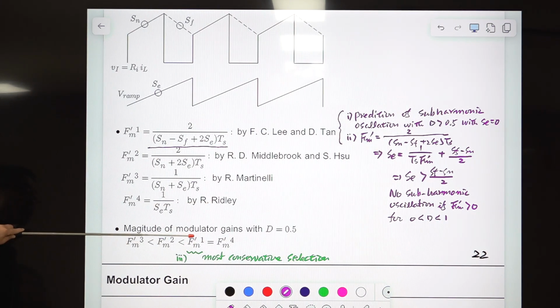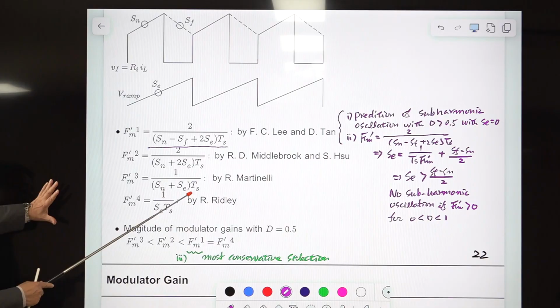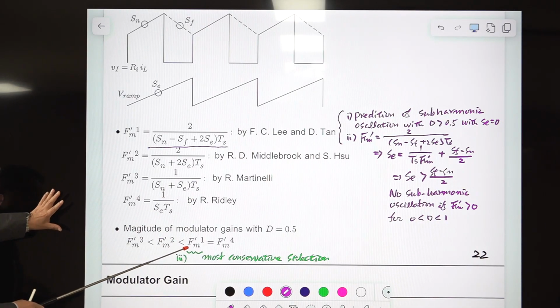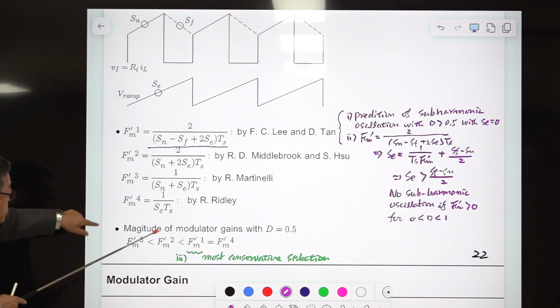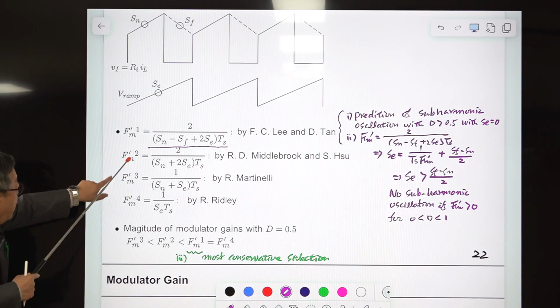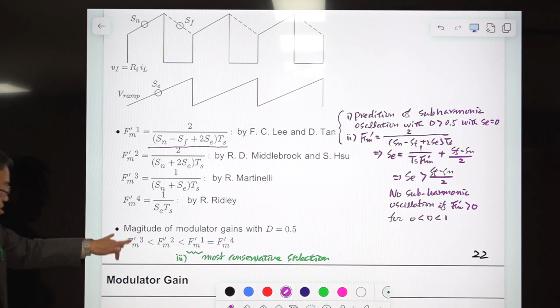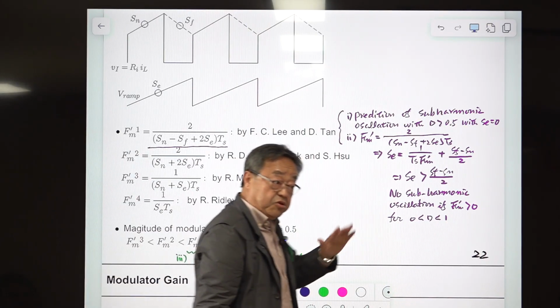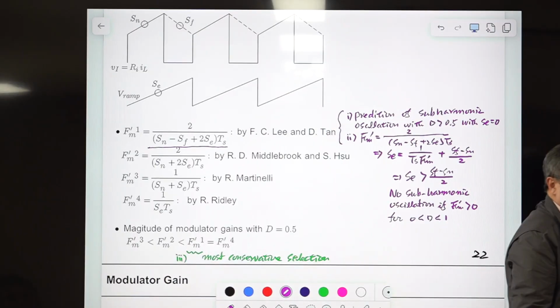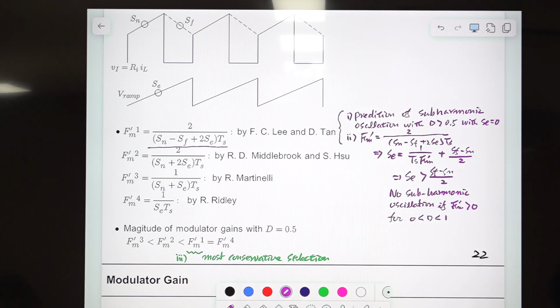So Fm prime 1 and Fm prime 4 are the same, and the magnitudes of the other expressions are smaller than this. So this is the smallest, and this one is smaller than these two in this special case. This is not a general analysis. It's meaningless to have a general analysis on this, so just knowing this is enough.